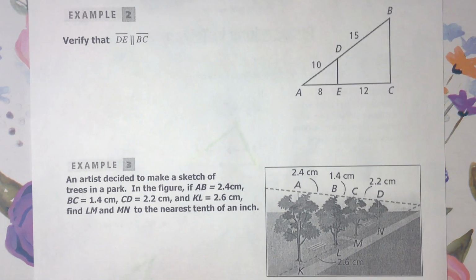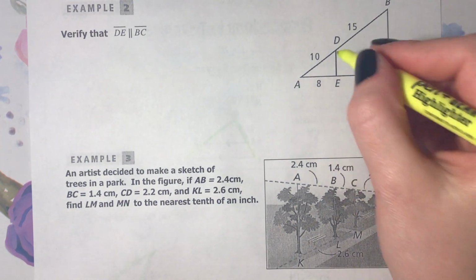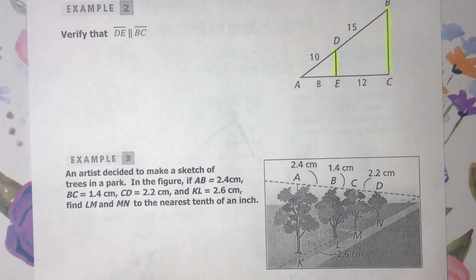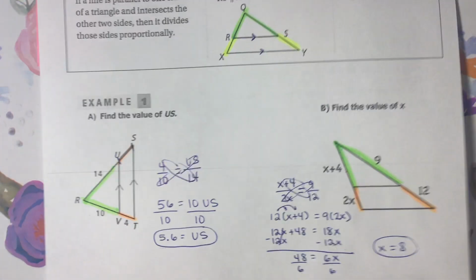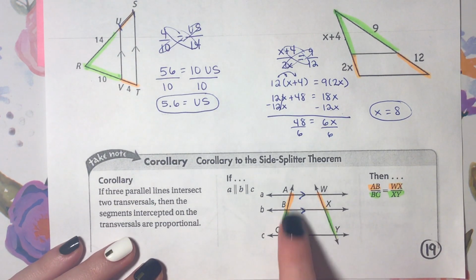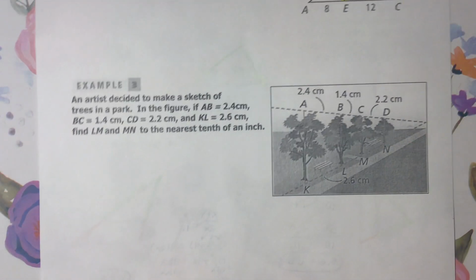In example 2, it says verify that DE is parallel to BC. So we want to show that this line is parallel to this line. It doesn't have a marker. But what we can say is, oh, if I'm going to have two things being proportionate, then I could then conclude, oh, those lines are parallel.